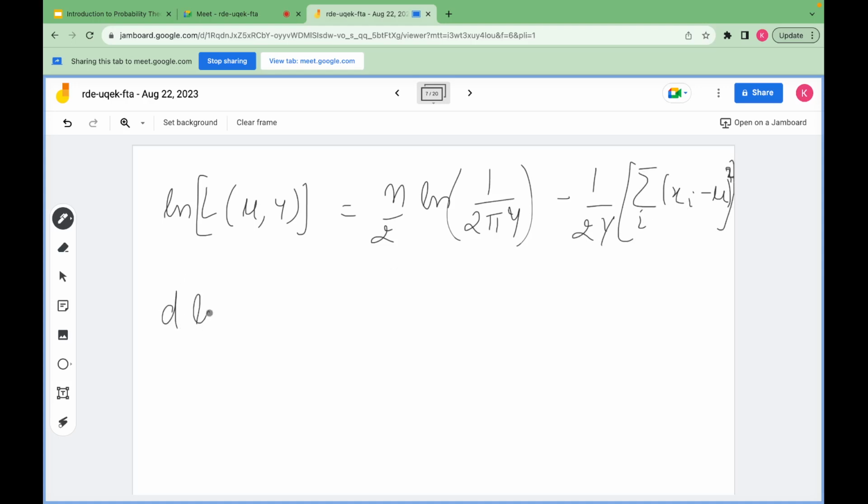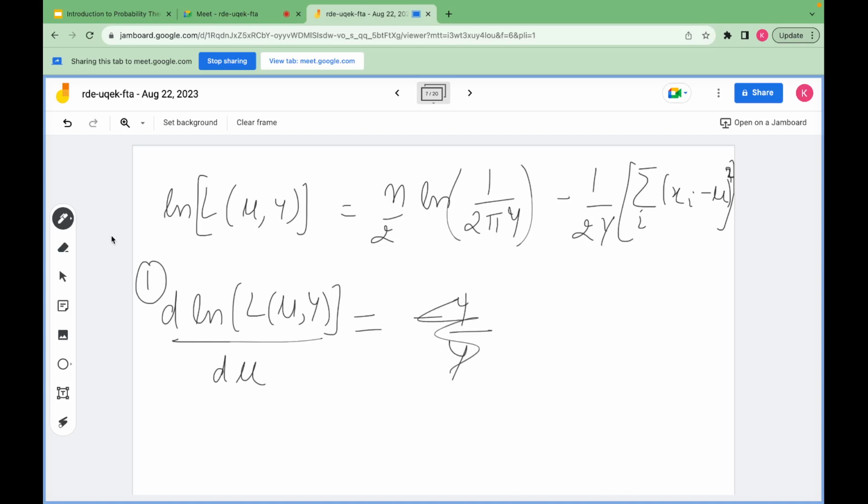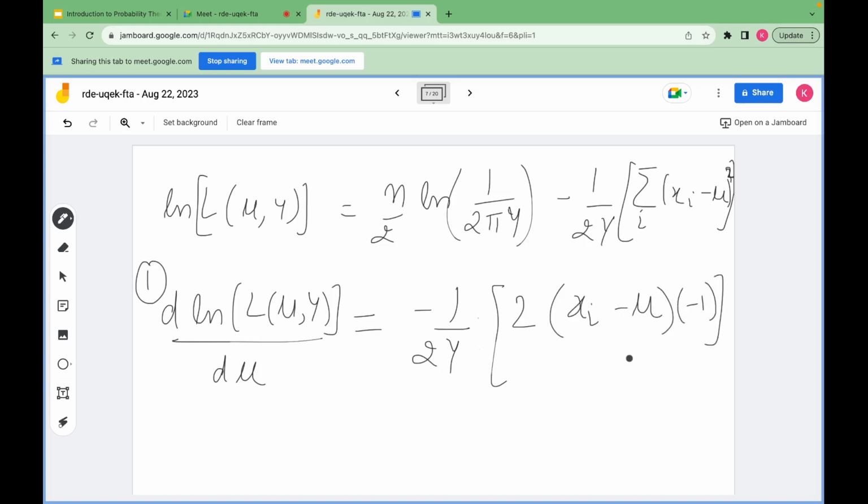So now we will first partially differentiate this L value with respect to mu. Okay, this quantity will become 0 and this will become minus 1 upon 2y into 2 (xi minus mu), and this is negative minus 1.